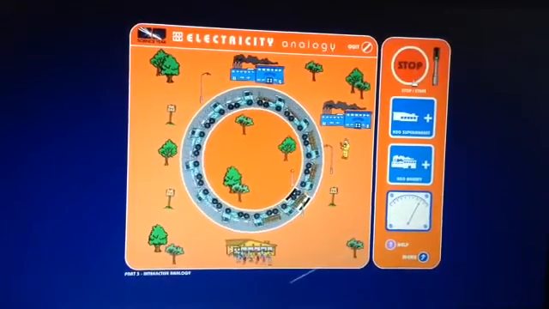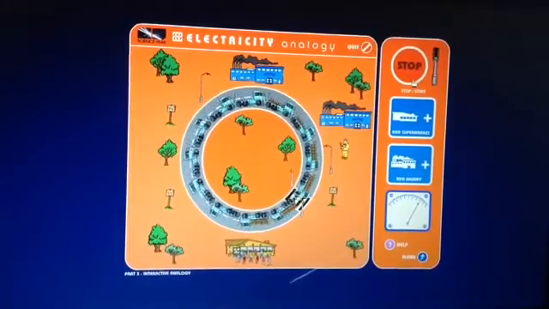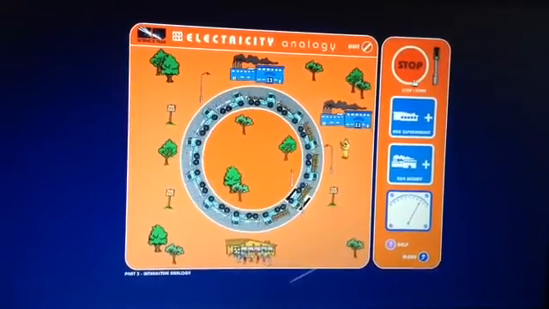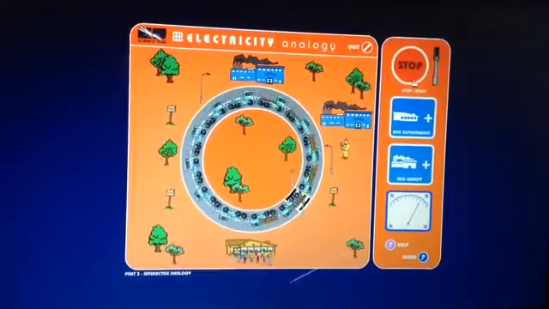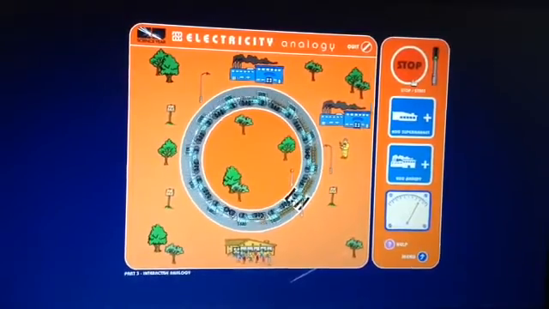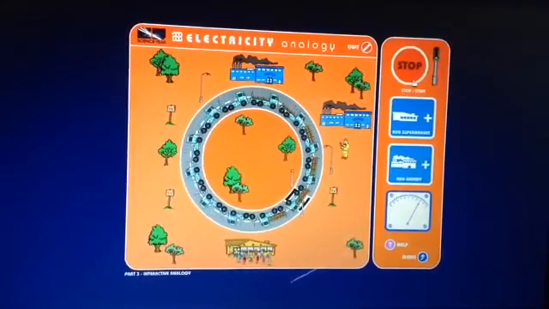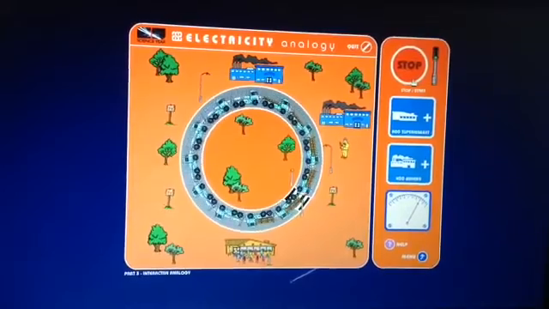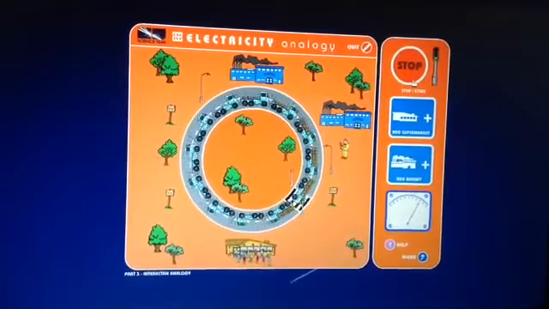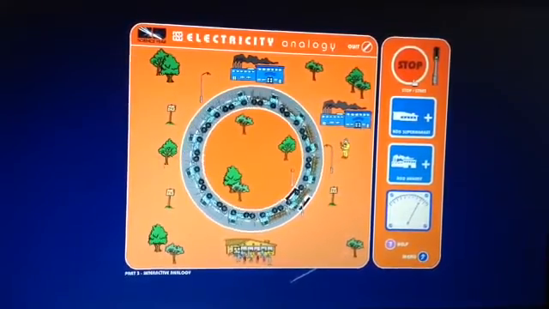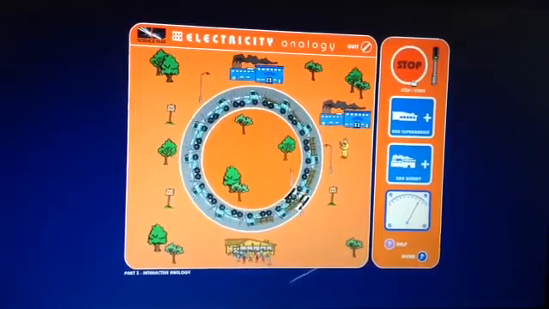Voltage is a measure of the energy transferred, so in our model it's all to do with the bread. The bakery transfers bread to the lorries. Like in a circuit, the cell transfers energy to the electrons. The lorries transfer bread to the supermarket.